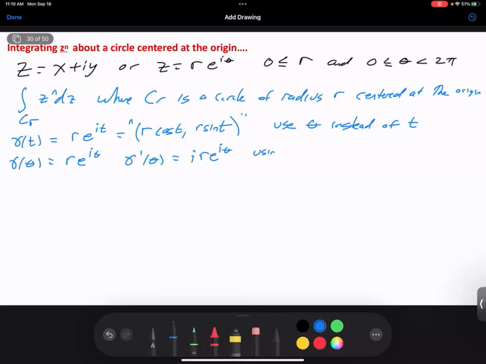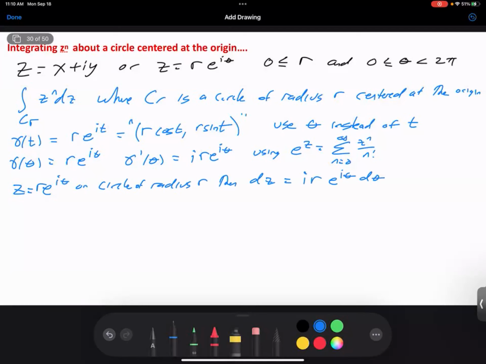And we're using, e to the z is the sum as n goes from 0 to infinity of z to the n over n factorial, differentiate term by term. We have a way of defining what it means to take e to the i theta, and that series converges for everything. So if z is r e to the i theta on the circle of radius r, then dz would be i r e to the i theta d theta.